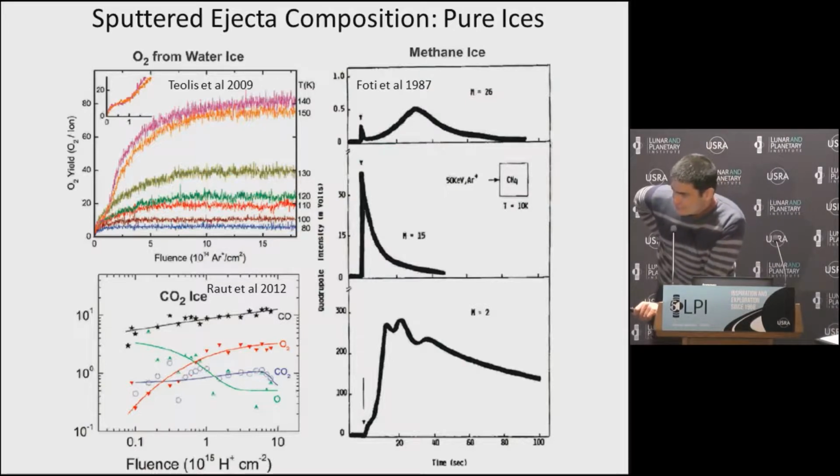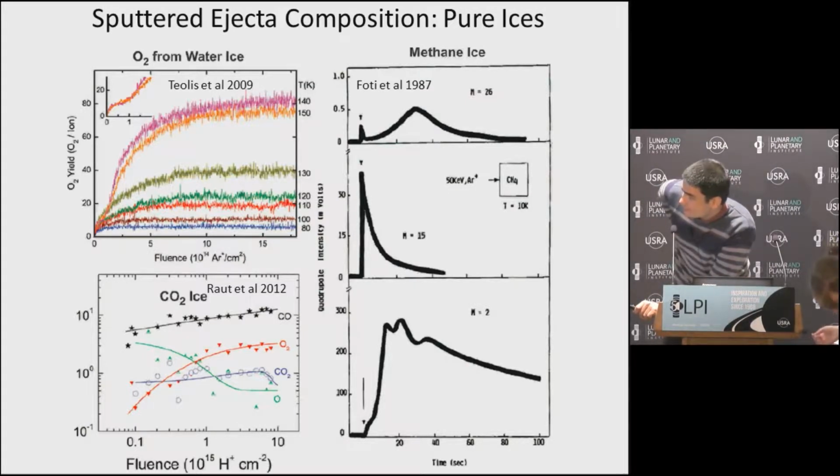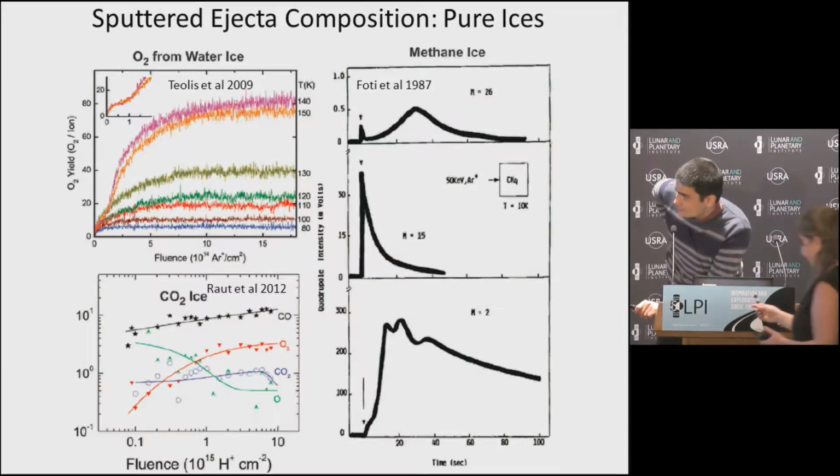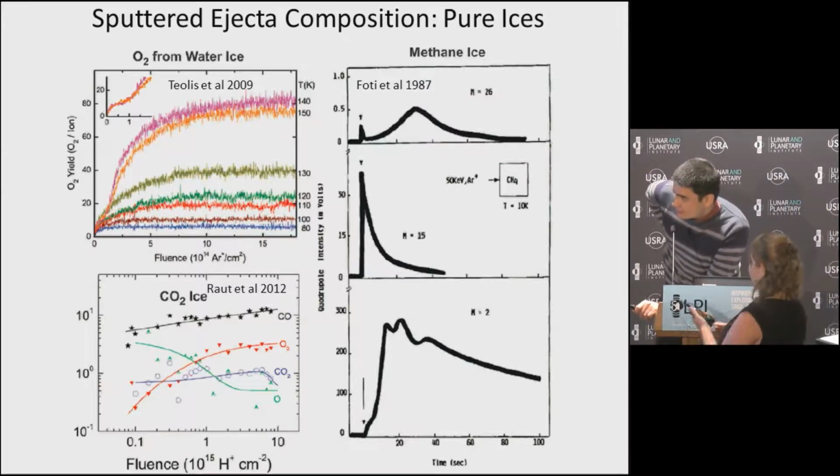And so these are just a few such experiments. On the upper left there, you have pure water ice, and that shows the evolution of molecular oxygen emission from the ice as a function of radiation dose with protons. On the lower left is pure carbon dioxide ice from Rout et al.